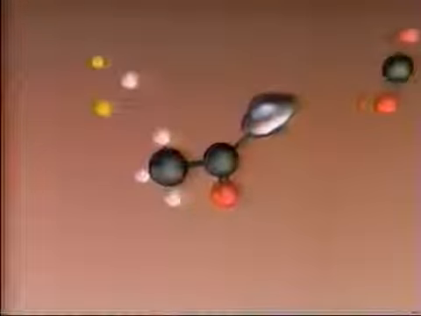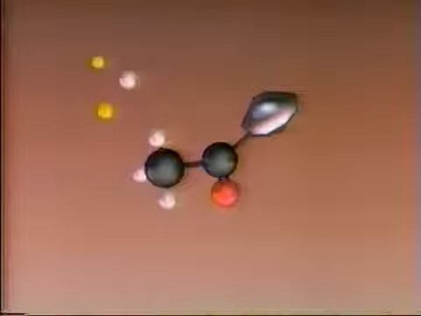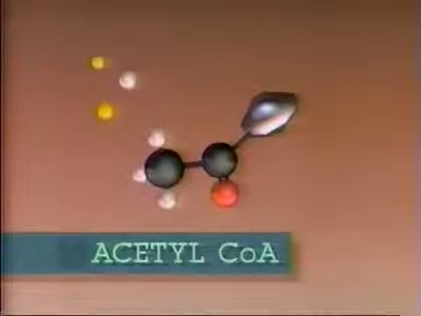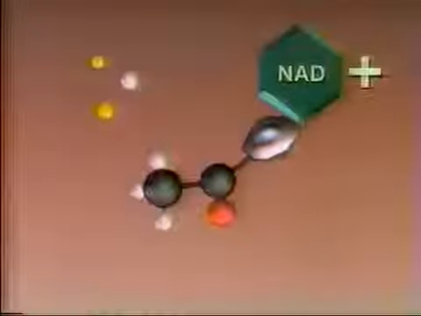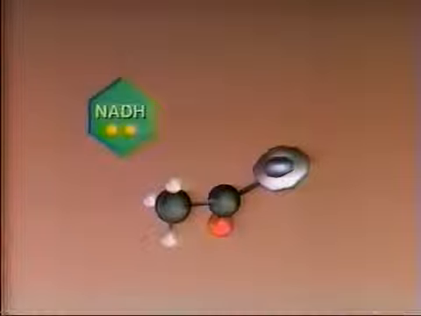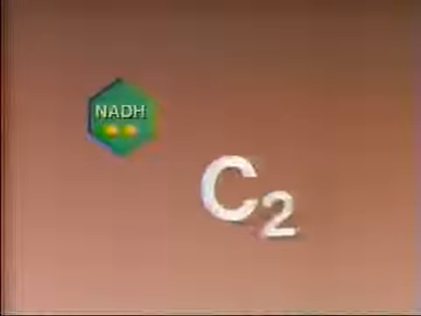As pyruvate encounters coenzyme A, the complex kicks out 2 electrons, a hydrogen atom, and carbon dioxide to form the acceptable 2-carbon acetyl-CoA. The electrons in hydrogen are picked up by NAD+, forming NADH, an intermediate energy carrier. But it's the 2-carbon acetyl-CoA that we're going to keep an eye on.